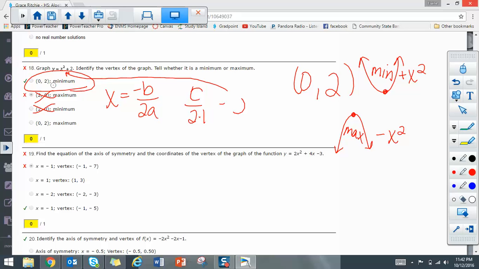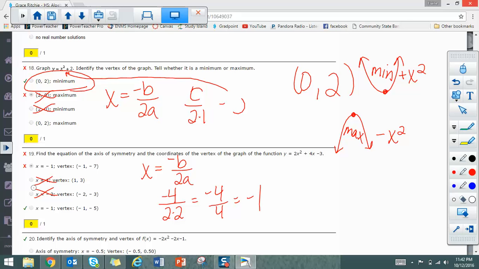Number 19 is similar to the one we did a little bit earlier. So we want to first find the axis of symmetry, negative b over 2a. So b is 4, so we want to do negative 4. A is 2, so over 2 times 2, that's negative 4 over 4, or negative 1. So that rules out this one and this one.